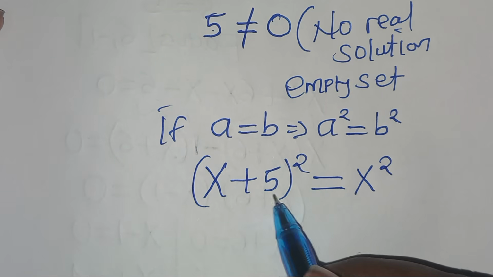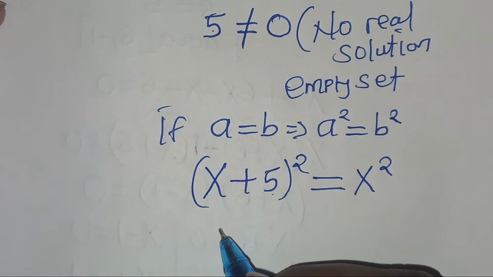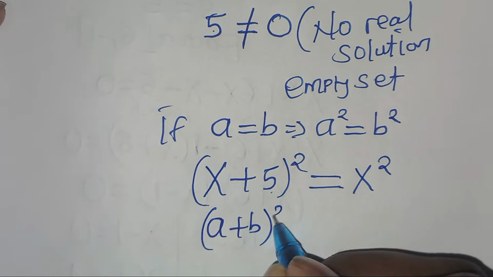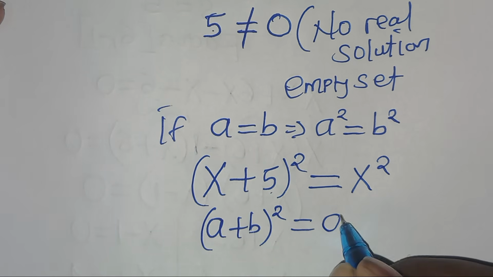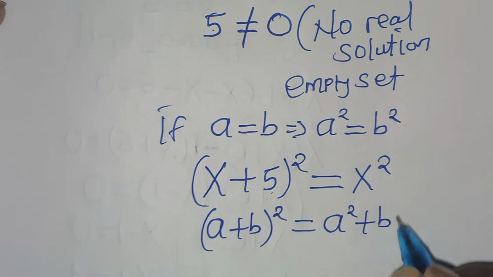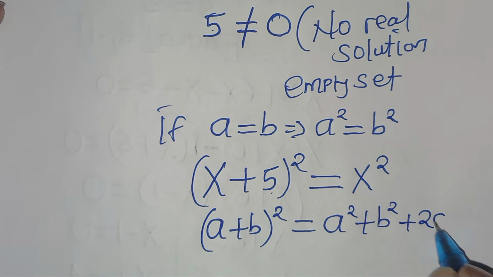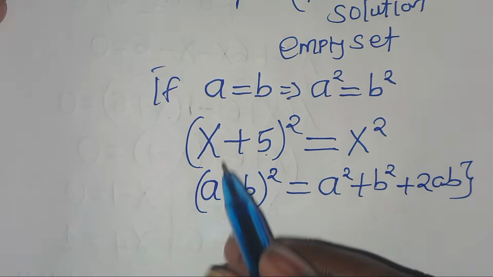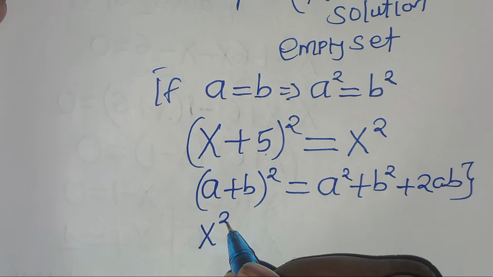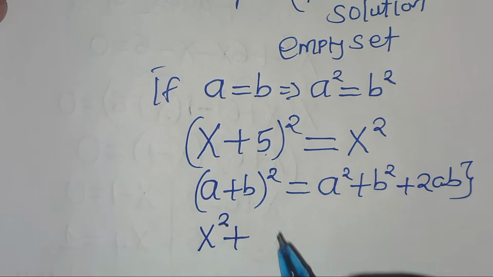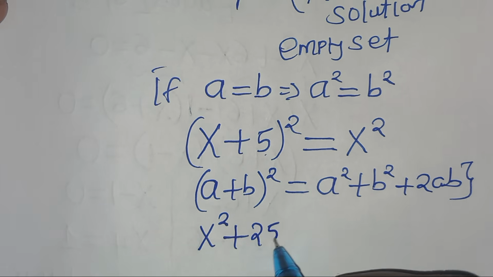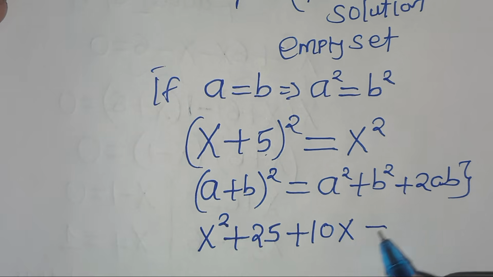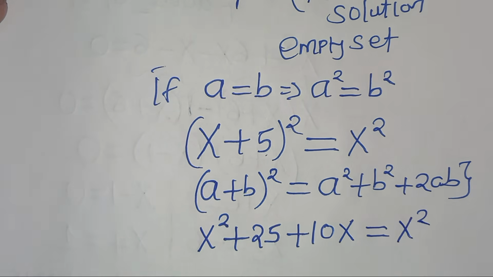Now x plus 5 to the power of 2 is in the form of a plus b raised to the power of 2, which can be expressed as a to the power of 2 plus b to the power of 2 plus 2 times ab. Applying this algebraic identity, here we have x to the power of 2 plus 25, then plus 10x, equal to x to the power of 2.